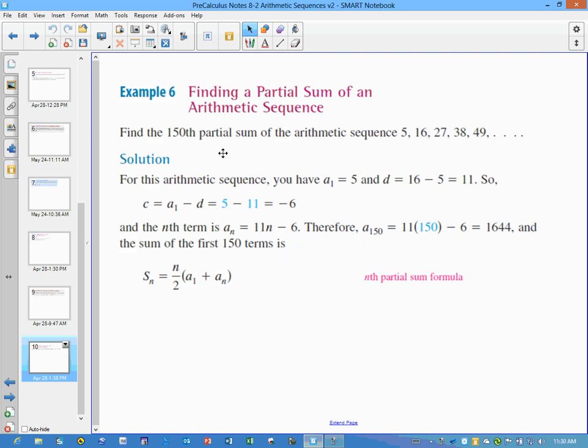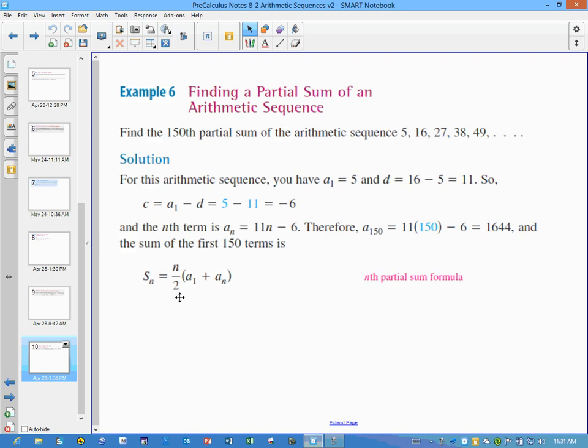So if we want to know the 150th partial sum, that means we're adding all the terms up to the 150th term. In order to do that, we need to know how many terms we have, which is 150. We need to know what the first one is, which is 5. And we need to know what the 150th term is. That's why we needed the general term here. So a sub 150 means we replace n with 150. And of course, when we run the numbers there, we're going to get 1,644.